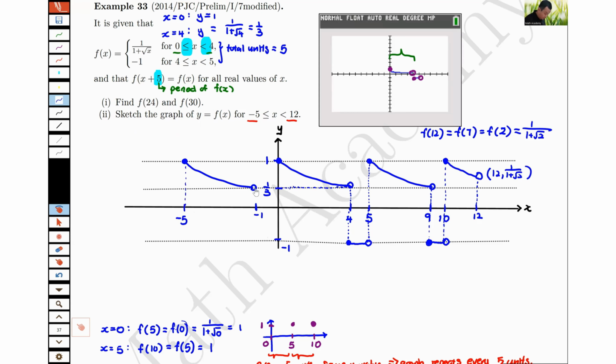Get the graph repeated. And also at the bottom segment, we have -1. Leftmost endpoint is at -5, 1.